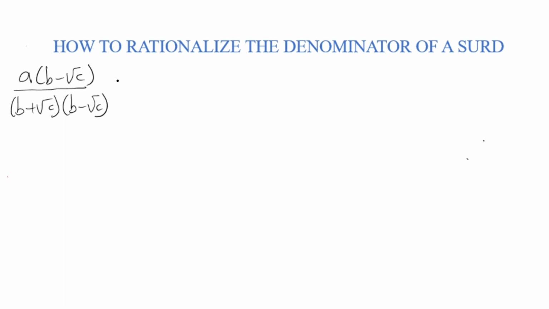A times b gives us ab. A times root c gives us a root c, but there's a minus here, so minus a root c, all divided by b multiplies b here, which is b squared, then b multiplies minus root c, which gives us what?